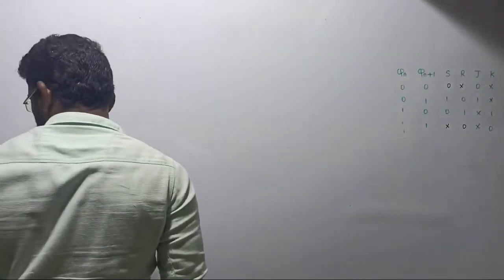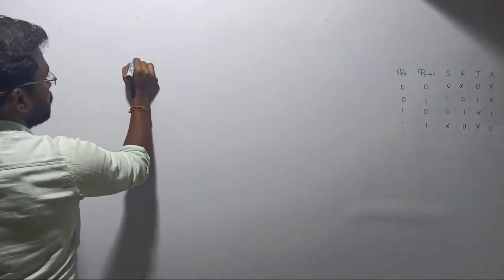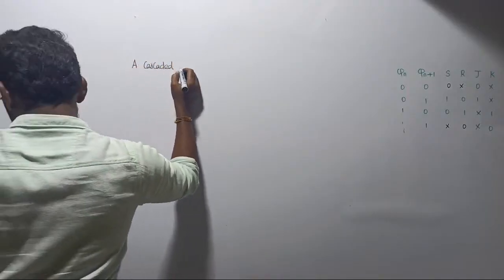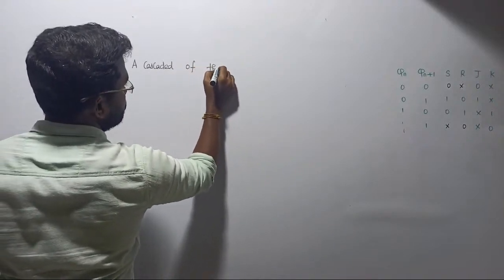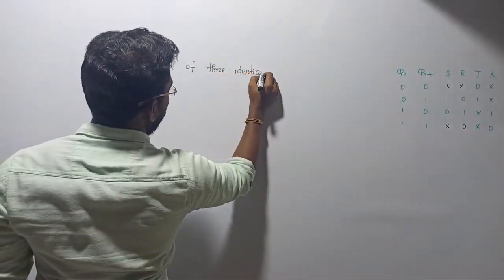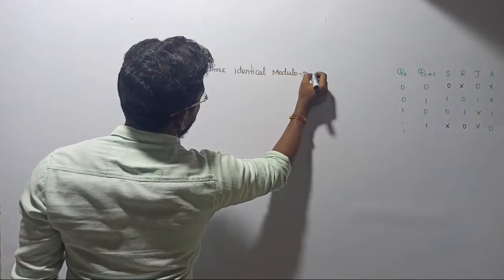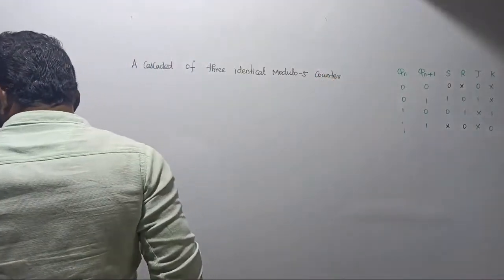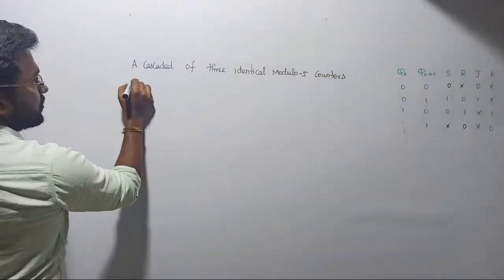Let us take the next question. The question is: a cascaded set of 3 identical modulo 5 counters has an overall modulus of.